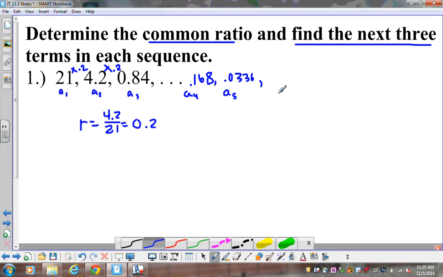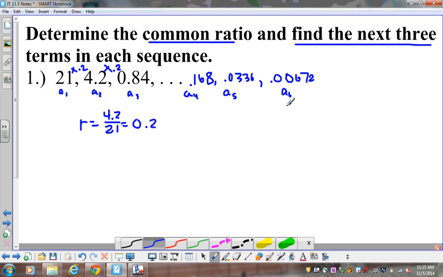All right, so that's my fifth term. And then my sixth term, same thing. If I take 0.0336 and multiply it by 0.2, my sixth term, or the third term that I needed to find, is 0.00672. All right, so again, I'm multiplying by 0.2 each time to find the next successive term.